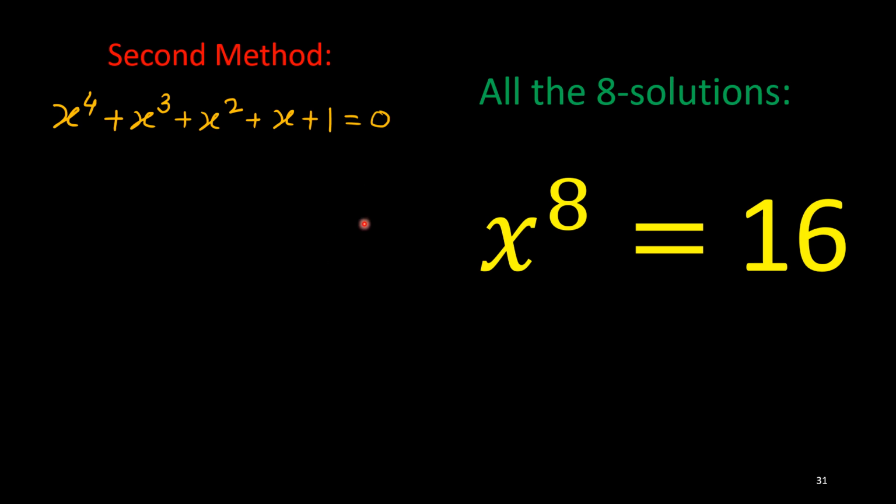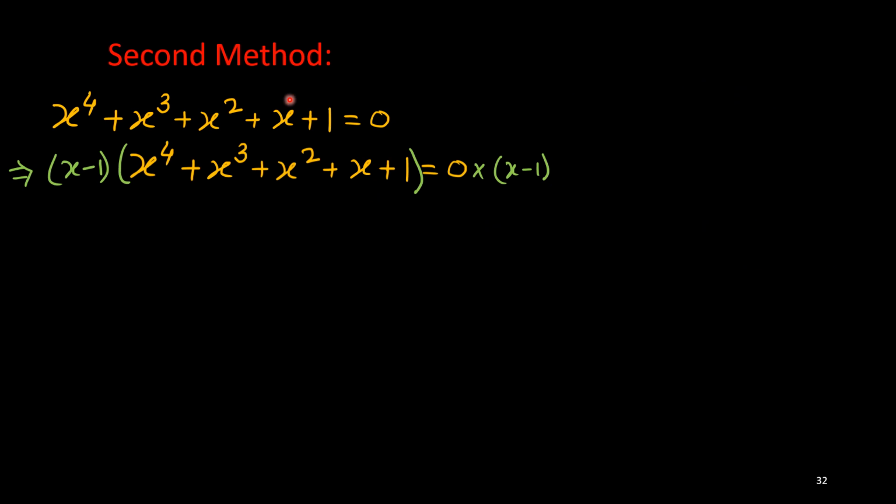Now what I'll do, so this equation, now I'll multiply both sides by x minus 1. If I multiply by one factor x minus 1, the left hand side polynomial's highest power will become 5, so a fifth order polynomial. So it will have 5 solutions.